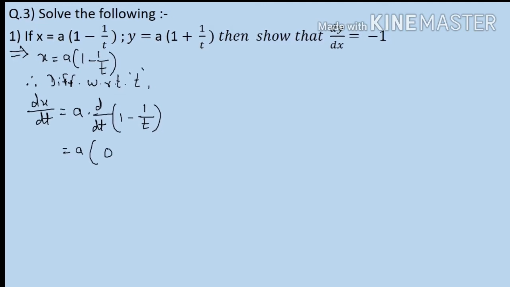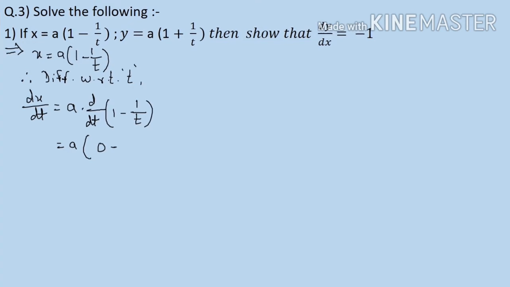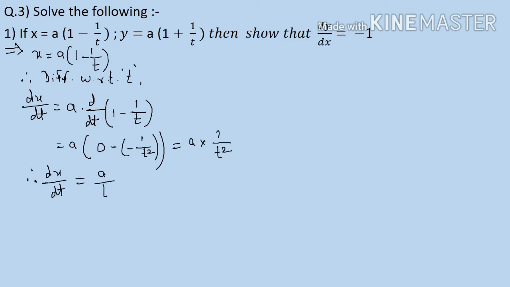Correct? And derivative of 1 upon t is minus 1 upon t square. Or let us write minus of 1 upon t square is equal to a into this minus will become plus, you get 1 upon t square. So dx by dt is equal to a upon t square. Correct? This is your first equation.